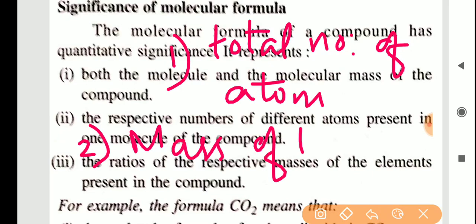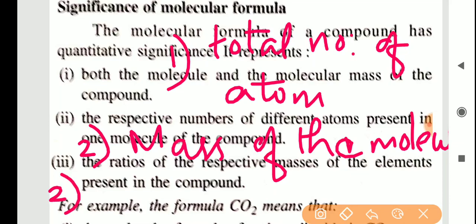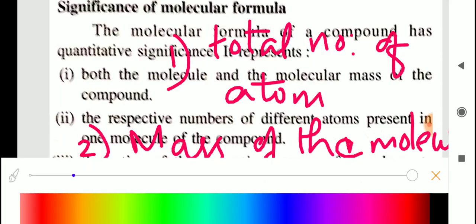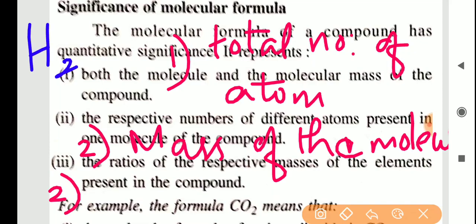Then the next point: if I have taken the H2O molecule, on looking into it, we can say 2 hydrogen and 1 oxygen are there. Their molecular ratio also we can write. So the third point is molecular ratio.